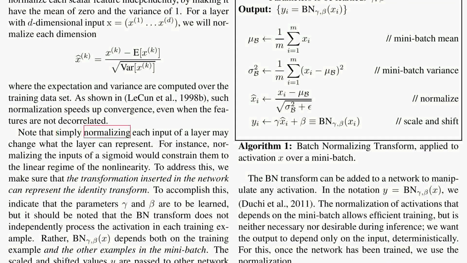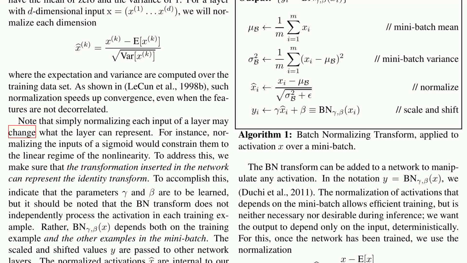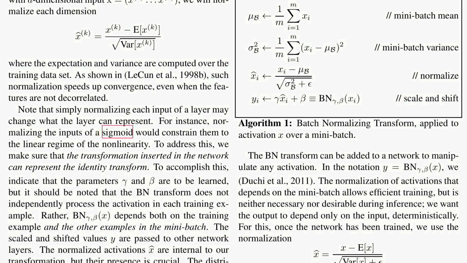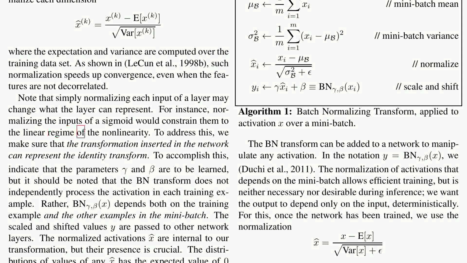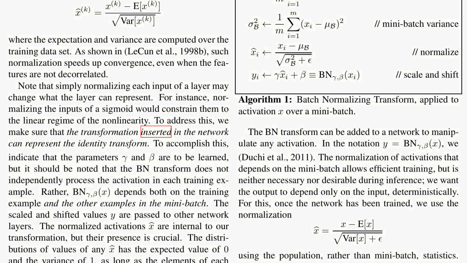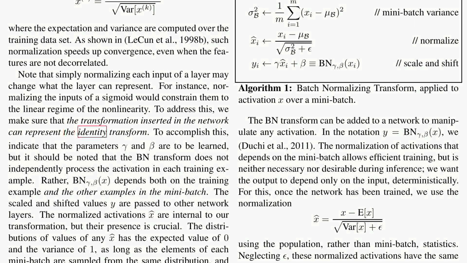Note that simply normalizing each input of a layer may change what the layer can represent. For instance, normalizing the inputs of a sigmoid would constrain them to the linear regime of the nonlinearity. To address this, we make sure that the transformation inserted in the network can represent the identity transform.